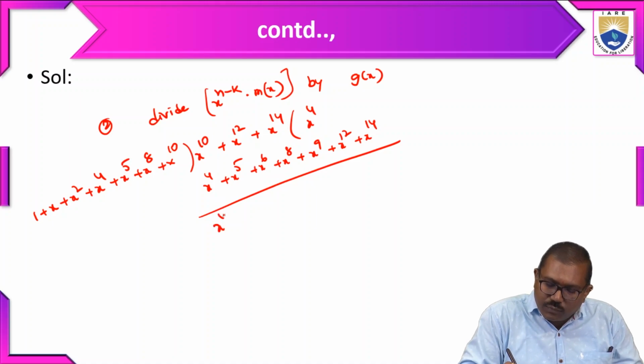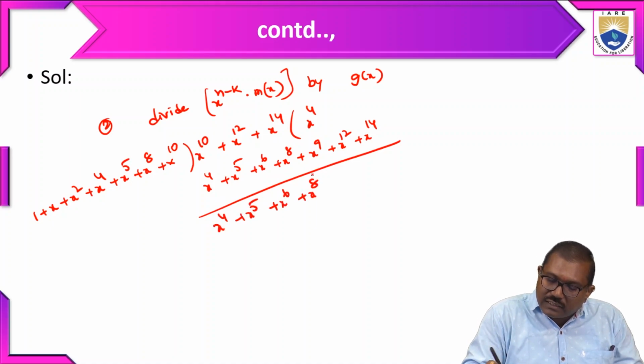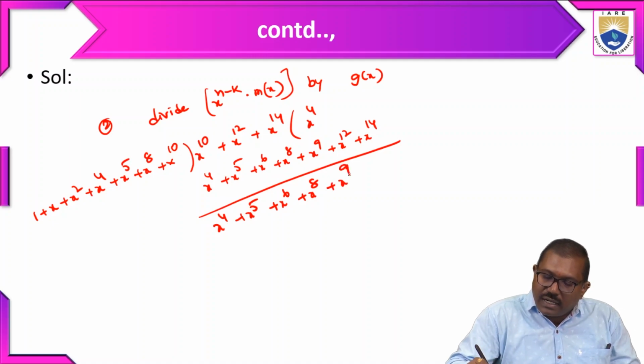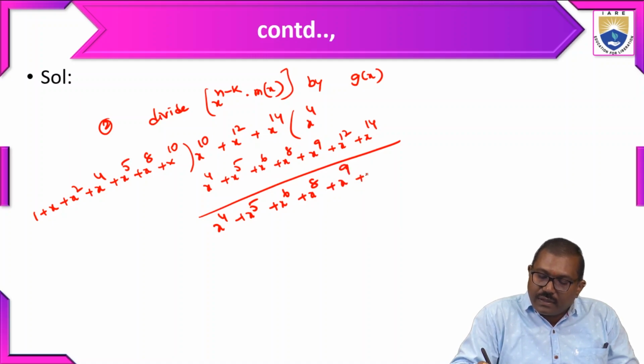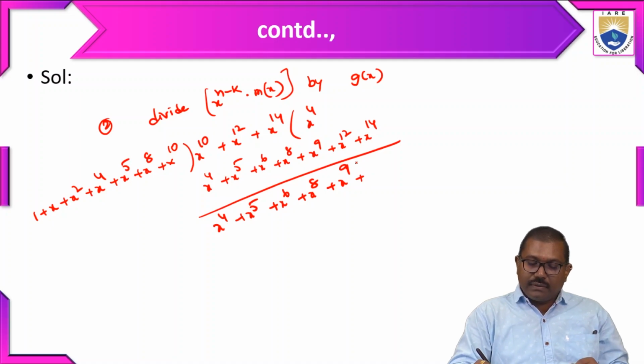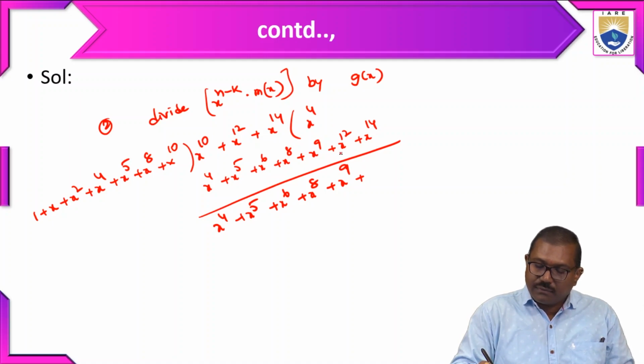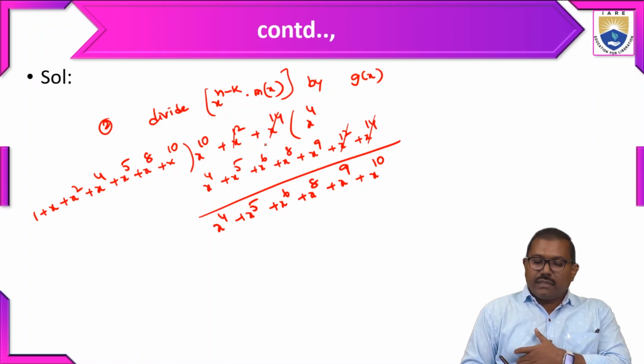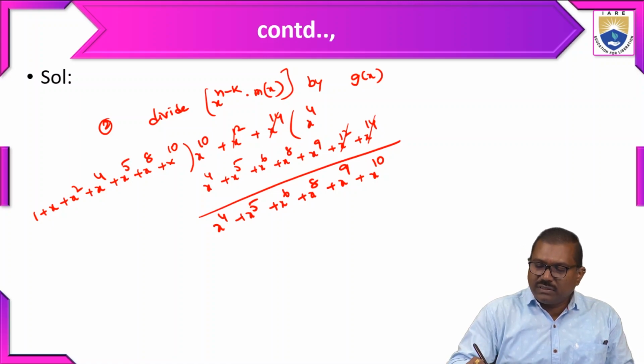So x power 4, x power 5, x power 6, x power 8, x power 9, and 12 is there, and x power 10 is coming. This 12, 14 is gone. Okay. Now the highest degree term is 10.